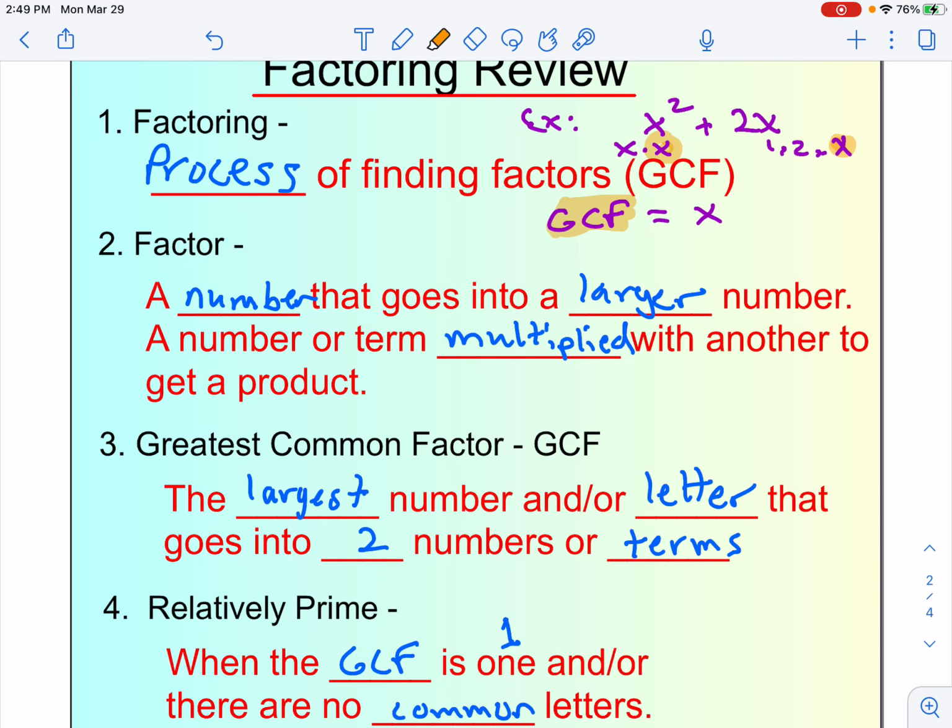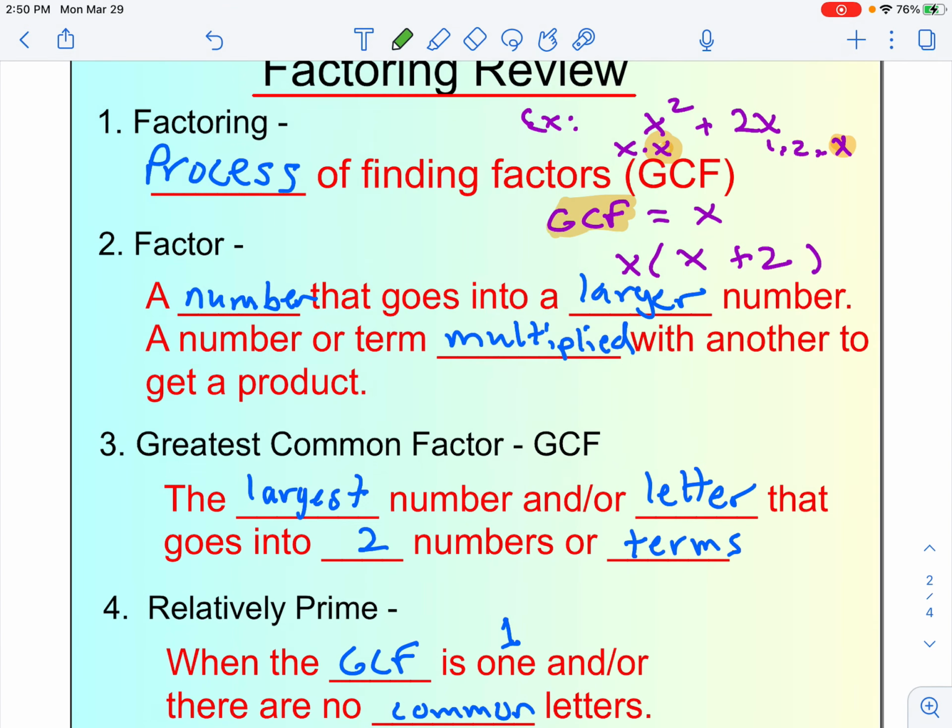So when we factor it, once we have that greatest common factor, remember, it gets divided out from each term, which means we're left with x plus 2.